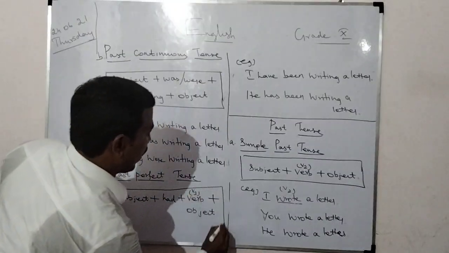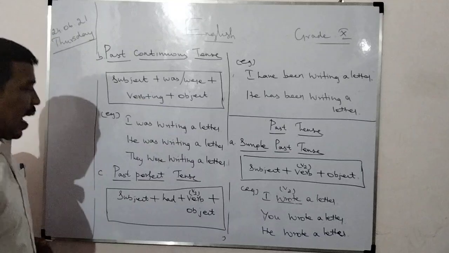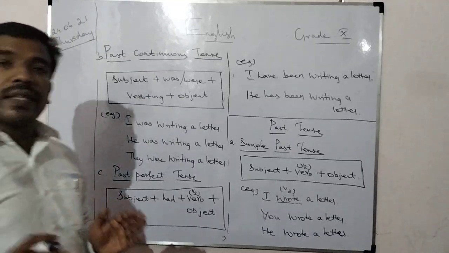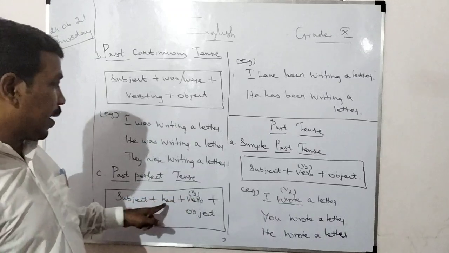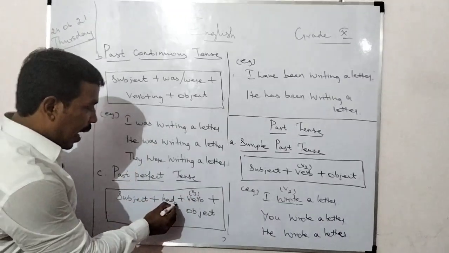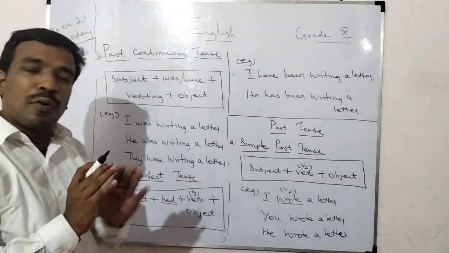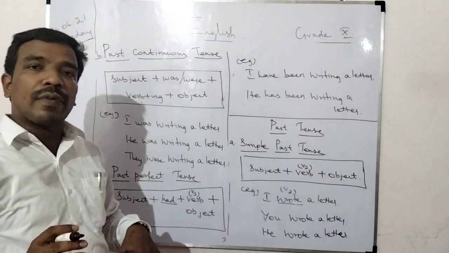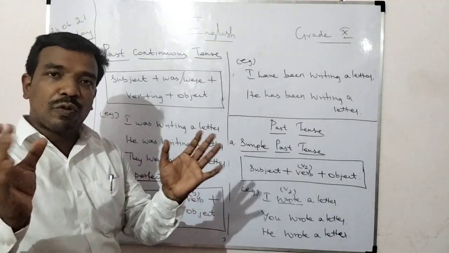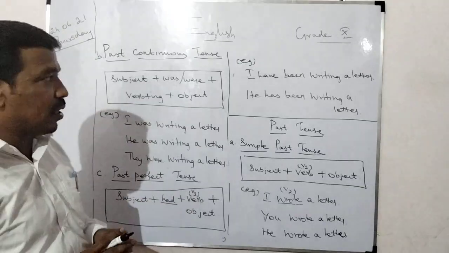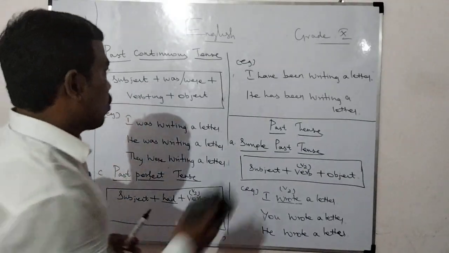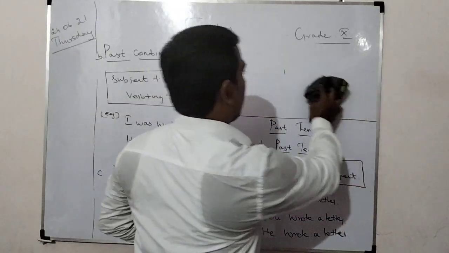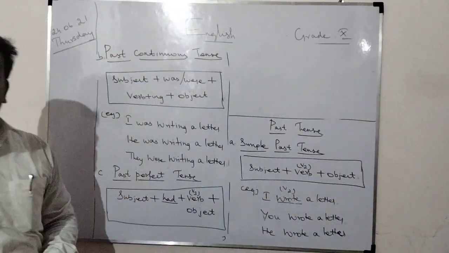In present perfect we have has or have, but in past perfect, instead of has or have, we have only had. Don't worry about that. In present perfect we have some confusion about which one to select, but in past perfect, no.